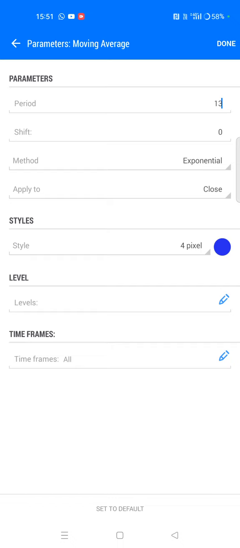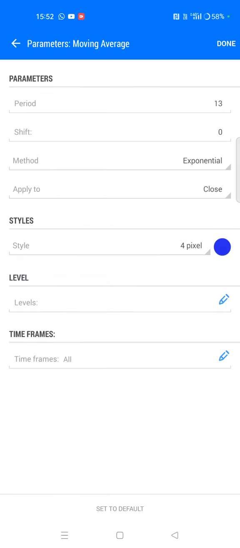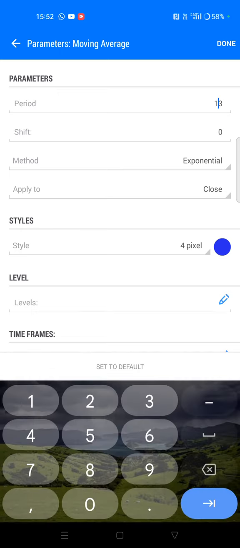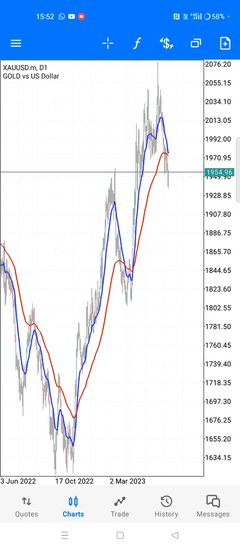So I just use the blue color and done. The second moving average from the main chart will be 50, shift 0, exponential, apply to close, and color any of your choice. Okay, so that's it.